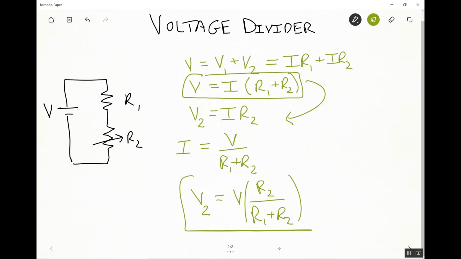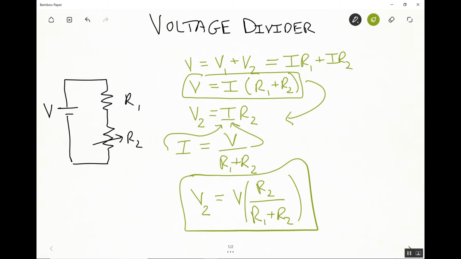Okay, we also know that if we just look at V2, the voltage used by R2, it would equal current times R2. All right, and so what we can do is take this equation right here and solve it for I, and then plug that in for I down here. So if we solve that for I, we get I equals V divided by the total resistance.